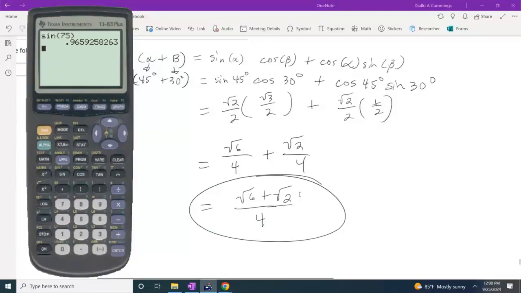But if I were to evaluate this, the square root of 6 plus the square root of 2, I'm putting a set of parentheses around that in the calculator. And if I divide that by 4, you get that same exact value. So you use the sum and difference identities to find the exact values of angles that are not in the unit circle.